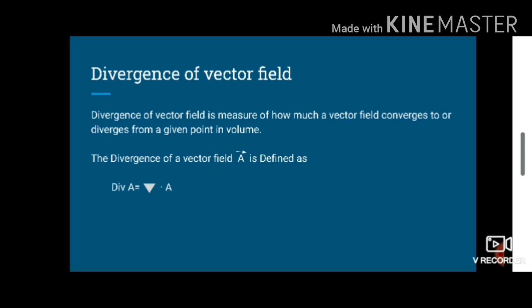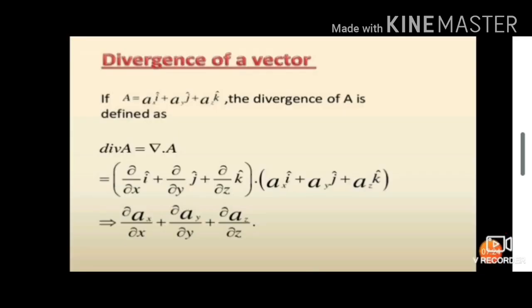Suppose we have a vector A bar and we have the del operator, then divergence of that A bar is represented by the dot product del dot A. See this, we have a vector A bar given by Ax i cap plus Ay j cap plus Az k cap. We already know the del operator: i cap ∂/∂x plus j cap ∂/∂y plus k cap ∂/∂z.